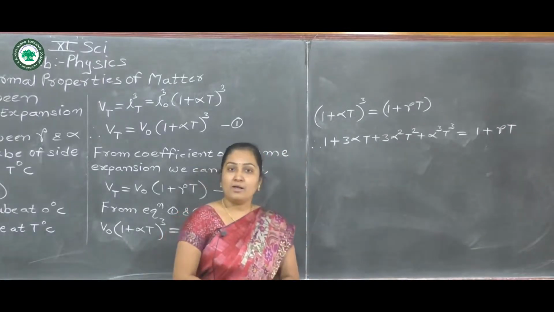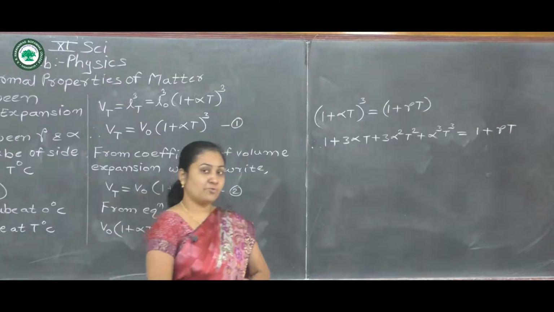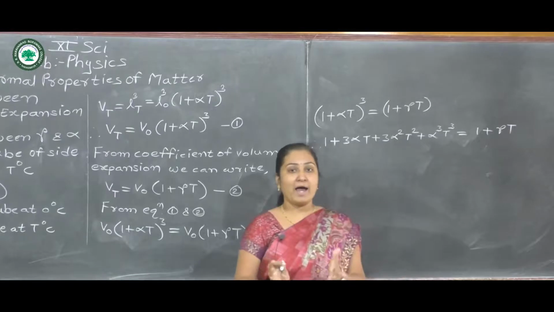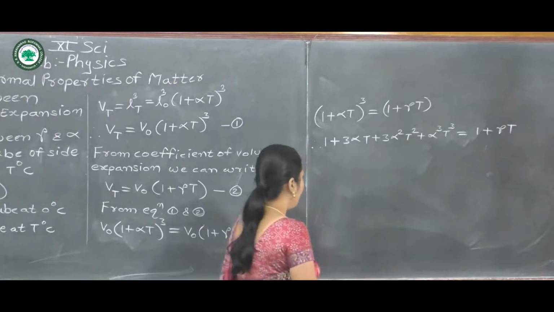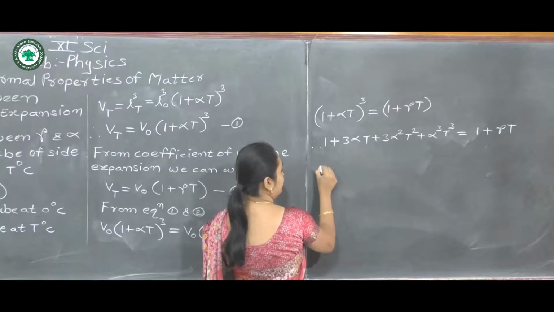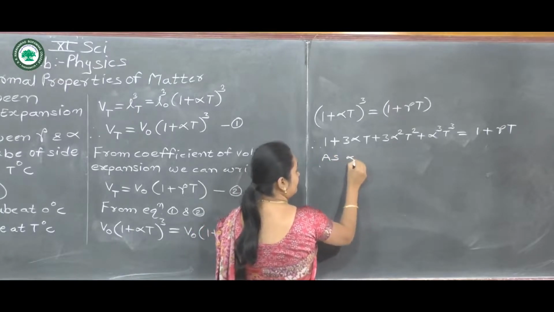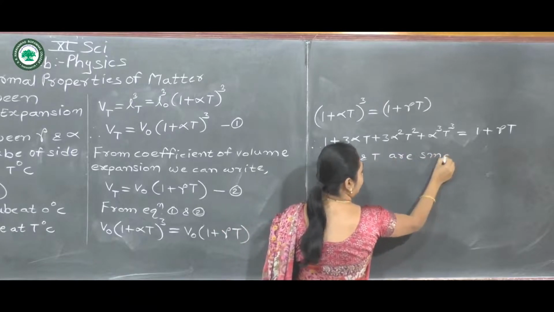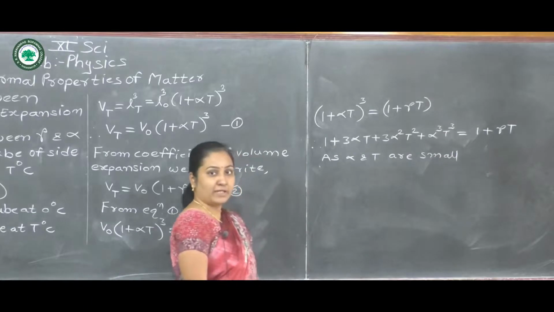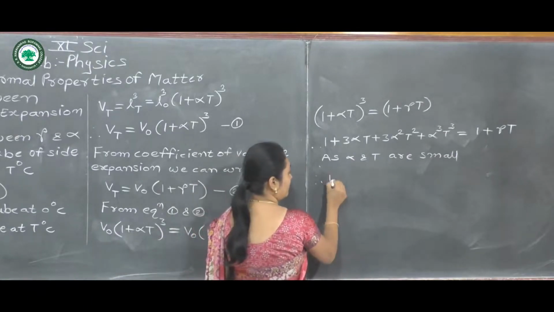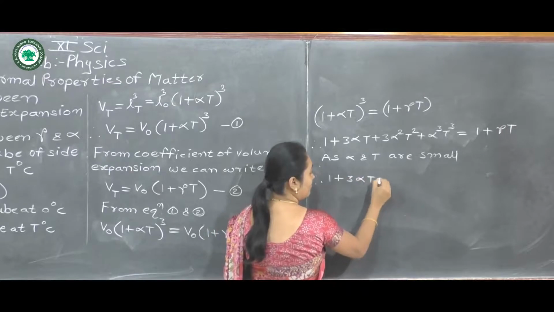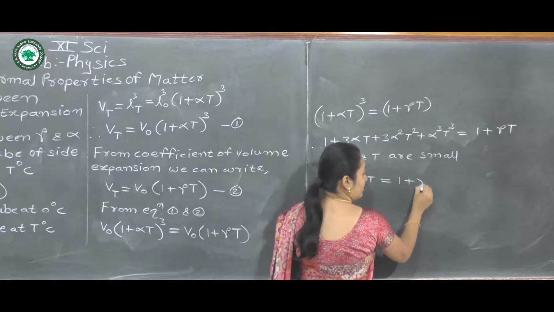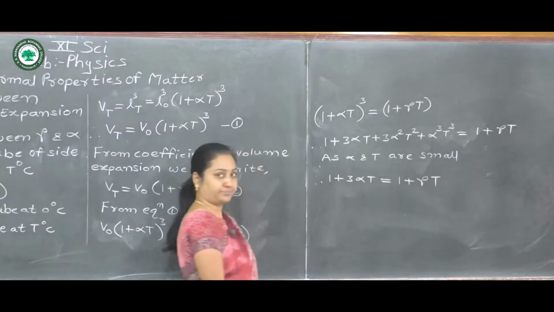Now as alpha and t are very small, we will neglect the square and cube terms of alpha and t. So we can neglect these terms. Therefore 1 plus 3 alpha t is equal to 1 plus gamma t.